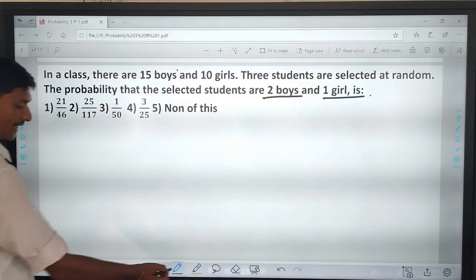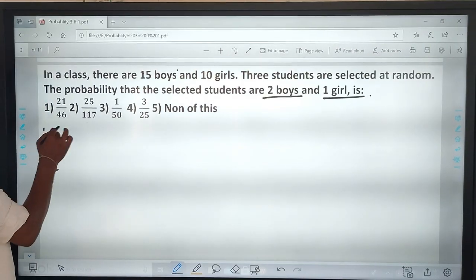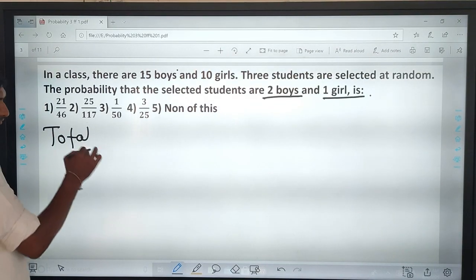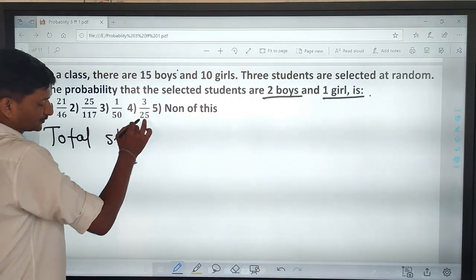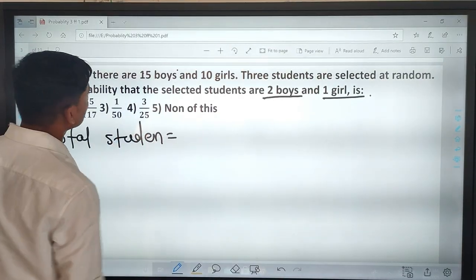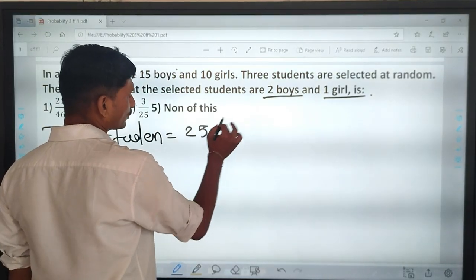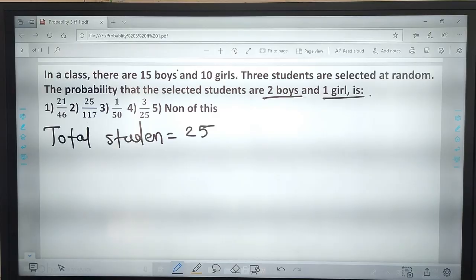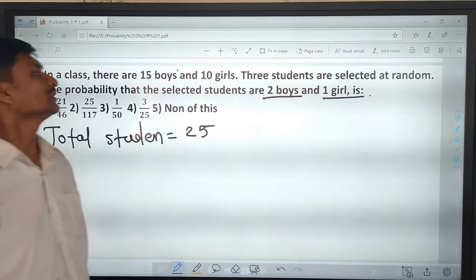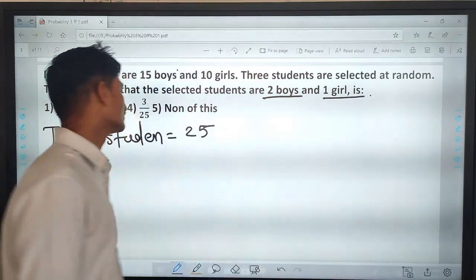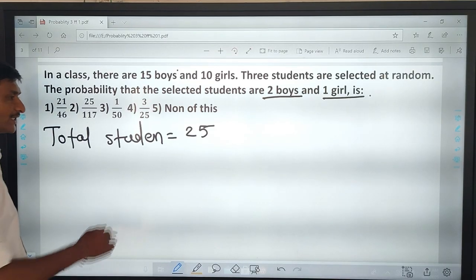Now here we find, total students is equal to 15 plus 10 is equal to 25. Out of 25, 3 students are selected at random.